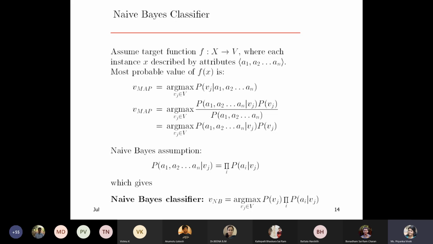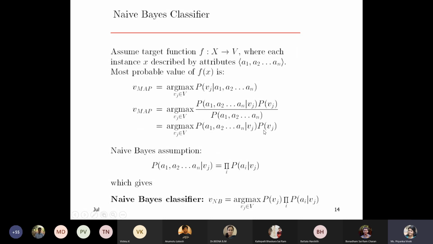Okay, now this is our assumption what we were talking about previously. Previously we told Naive Bayes makes an assumption that given the class, the attributes are independent of each other. Okay, so for the first term, just before this assumption, you have argmax of P of a1, a2 till an given Vj into P of Vj.